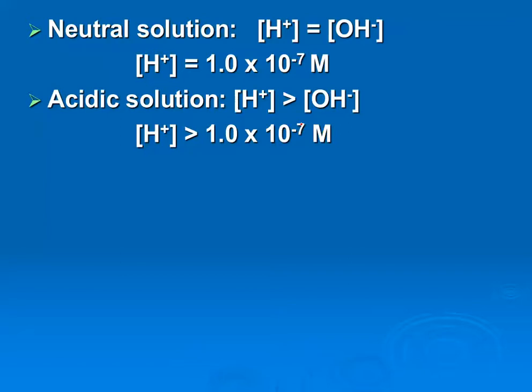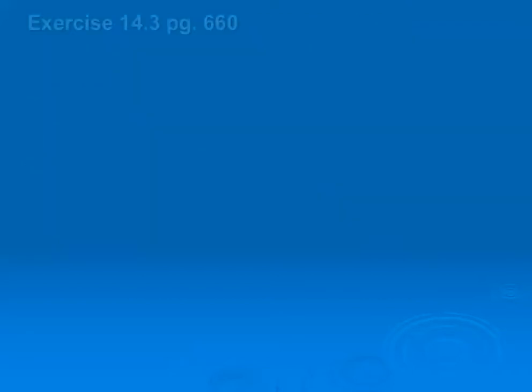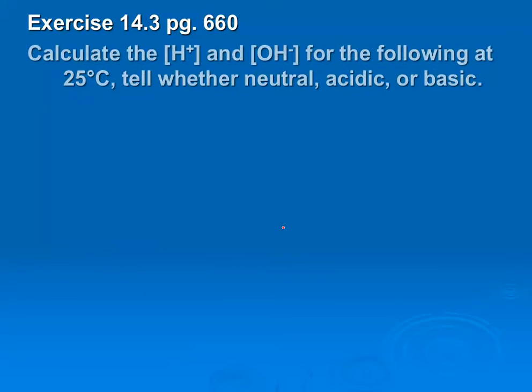Be careful with those negative exponents. They can get tricky. Really think through that, you guys. Basic solution is the opposite, where your hydroxide ion concentration is larger than our hydrogen ion concentration. So that means your hydrogen ion concentration is less than 1 times 10 to the negative 7th molar. Okay, and we'll see how that plays into our pH system.